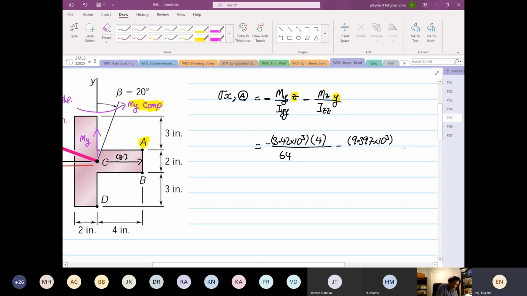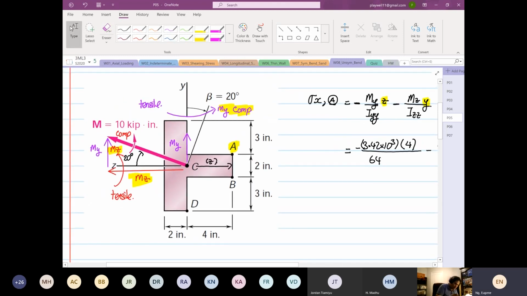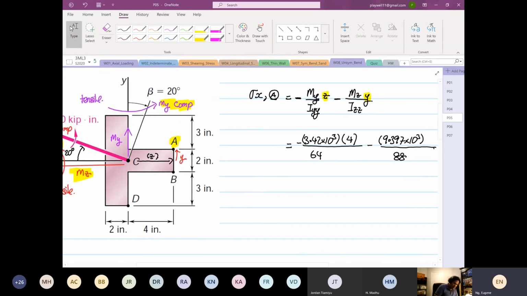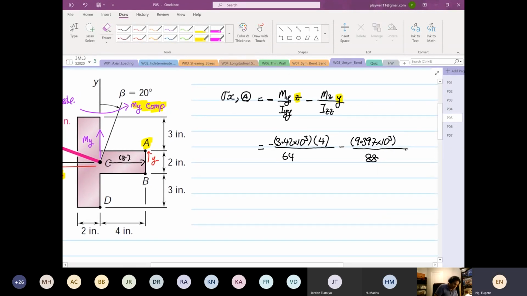The Izz is 88. Now y, the y distance from the neutral axis will be in this distance. Sorry, that is your y. So when that's the case, that will be equal to 1.